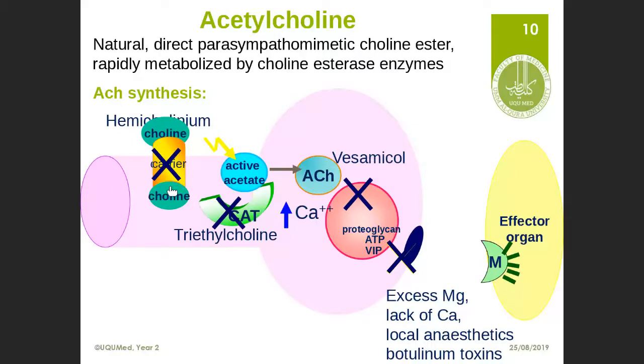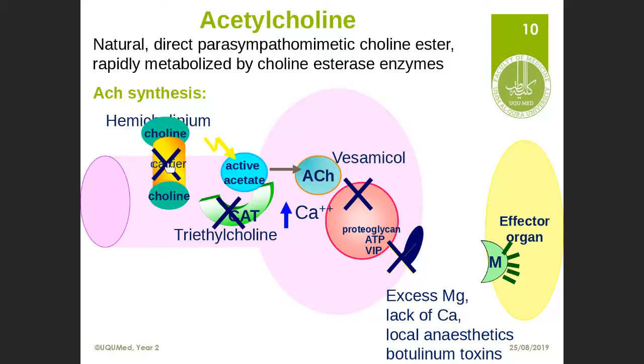So this is a simple explanation of acetylcholine synthesis in the nerve terminal of the parasympathetic nervous system, and its binding to the effector organs. But there are some points where, if acetylcholine synthesis is stopped by chance or by some drugs, then it is a problem.